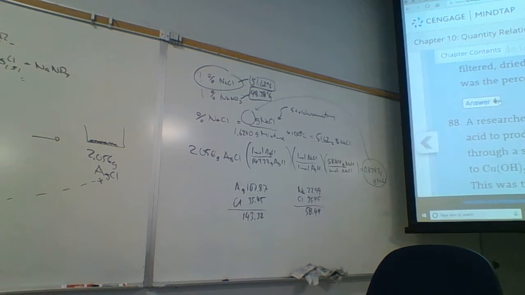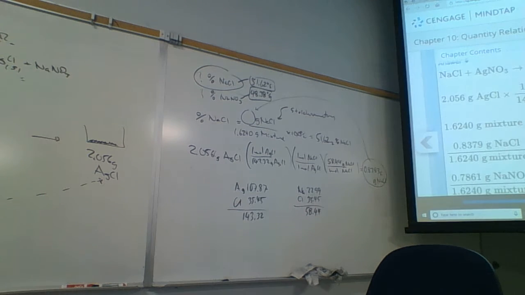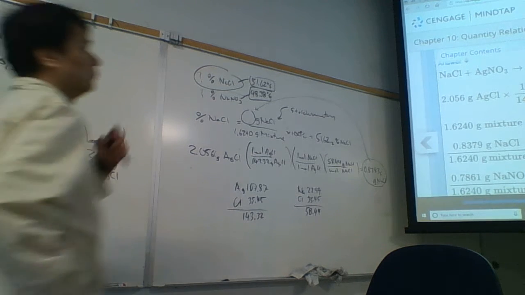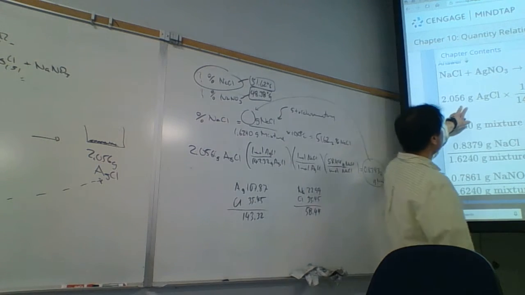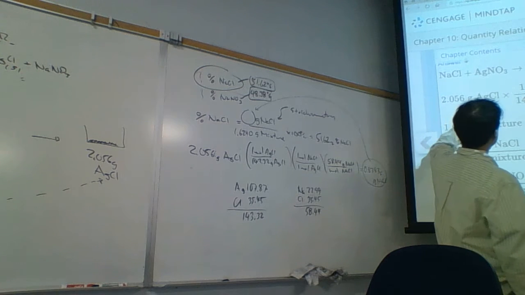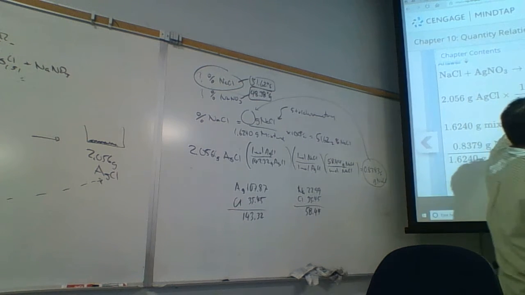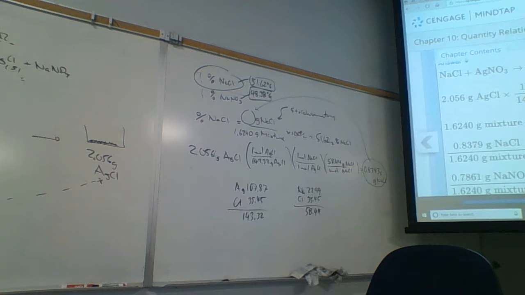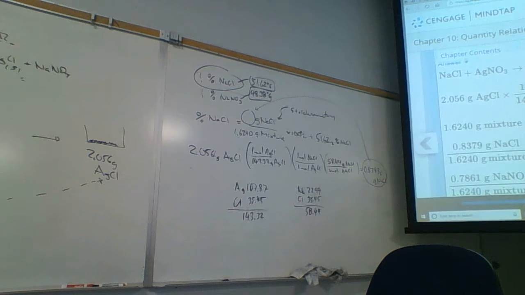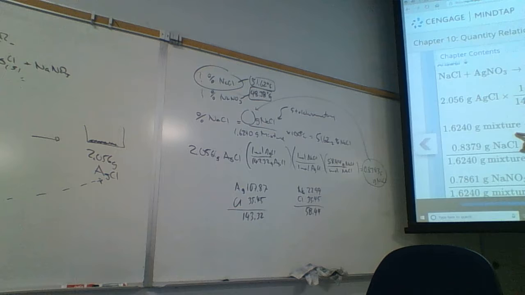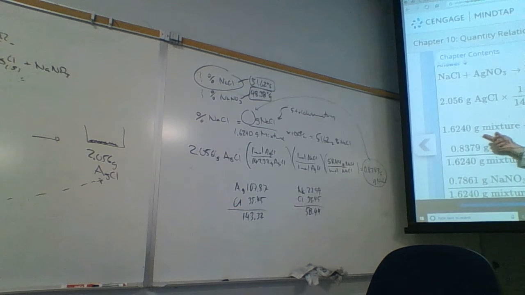Let's see how it looks. Your book did it a little differently. Your book calculated the grams of sodium chloride here. So we go from grams of silver chloride to moles of silver chloride, moles of silver chloride to moles of sodium chloride, to grams of sodium chloride. And then your book said, well, the total weight of the mixture is 1.624.